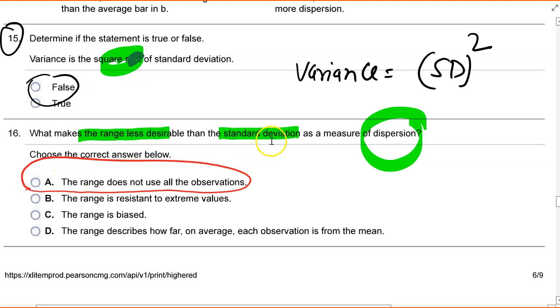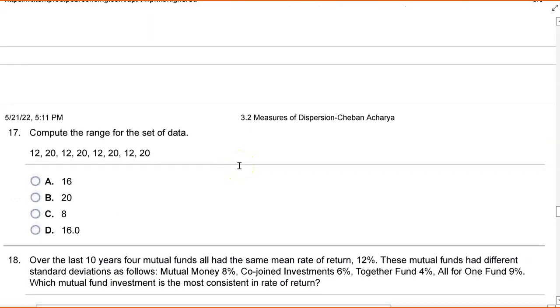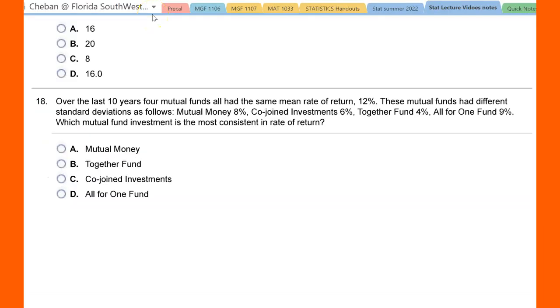Therefore, range is less desirable than standard deviation as a measure of dispersion. Number 17. Compute the range. You know how to do that. Question number 18.